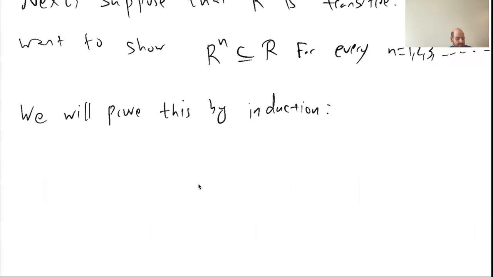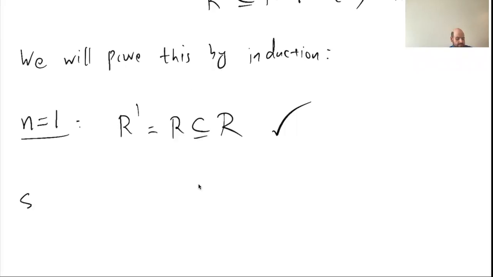So if n equals 1, R to power 1 is R, which is obviously a subset of R itself. So this is the base step, which is okay.